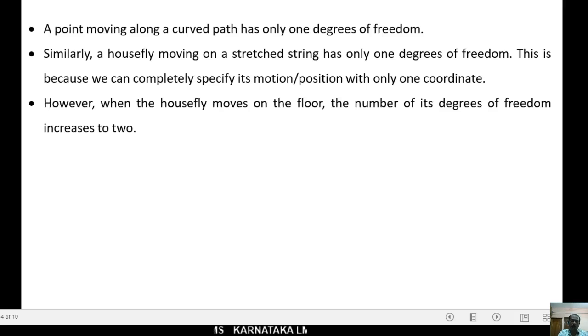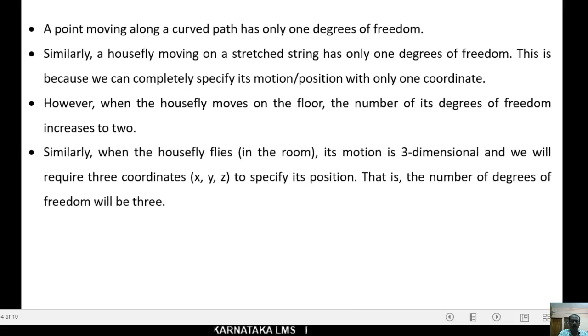However, when the housefly moves on the floor or side wall, the number of its degrees of freedom increases to 2. That means the fly moves on the floor along x-axis as well as along y-axis, hence the degrees of freedom will be 2.